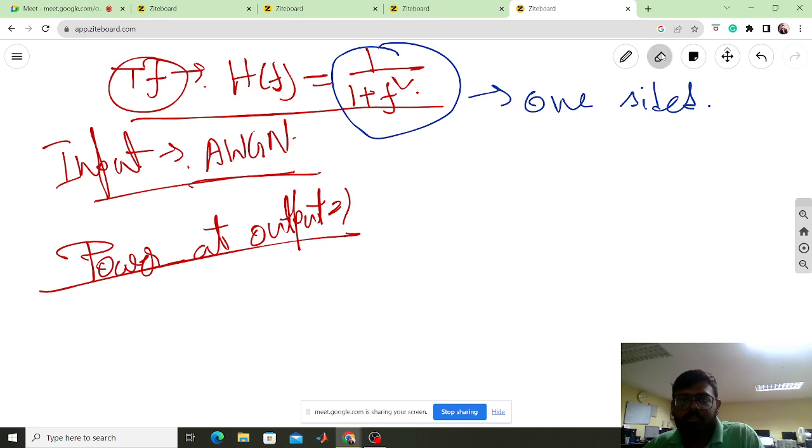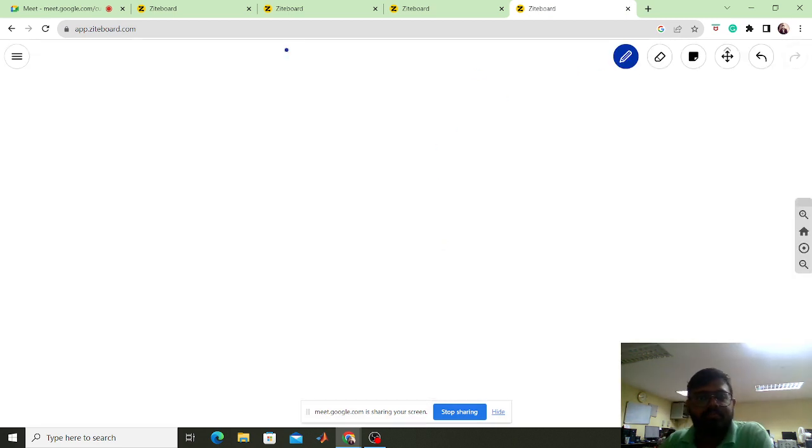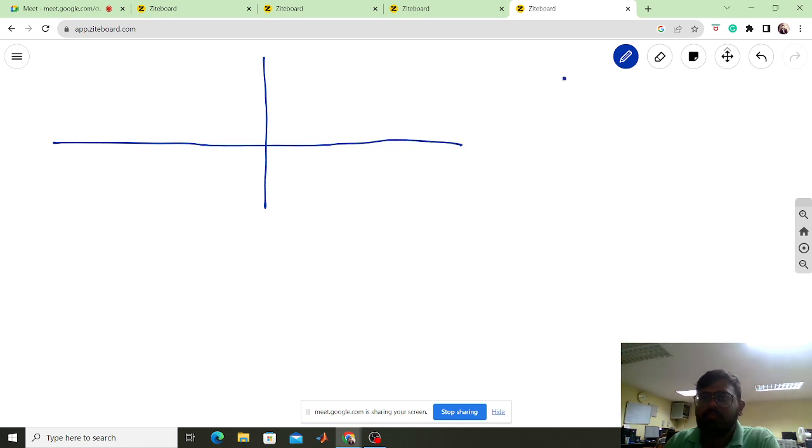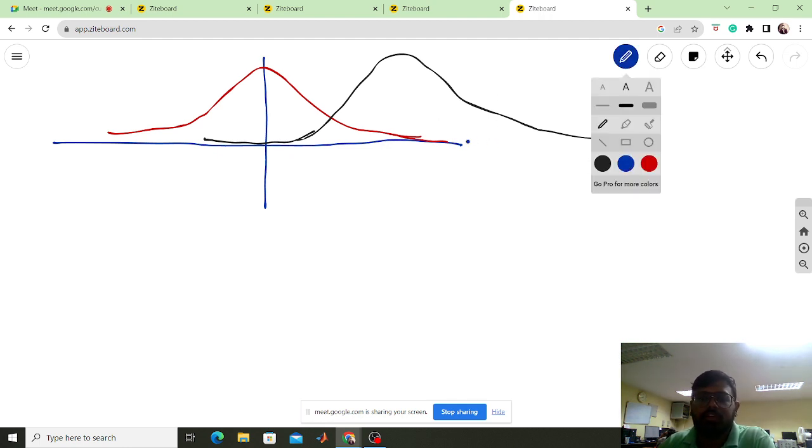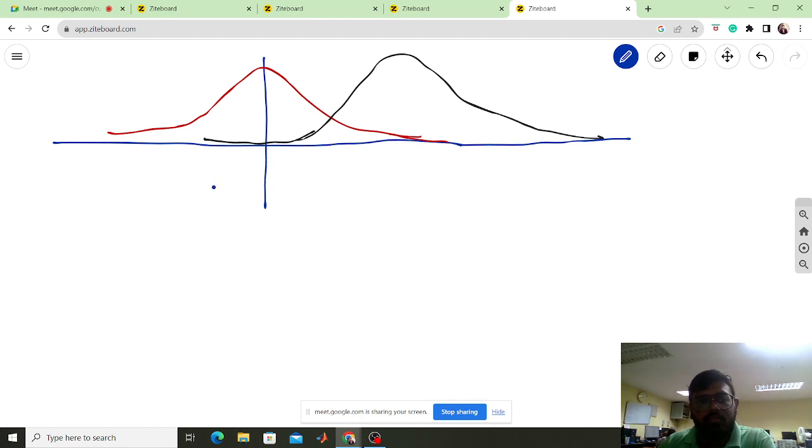So in the next line, by drawing these things once again, basically both are Gaussian with the same variance, and for this the mean is at 1 and this is the point 0.